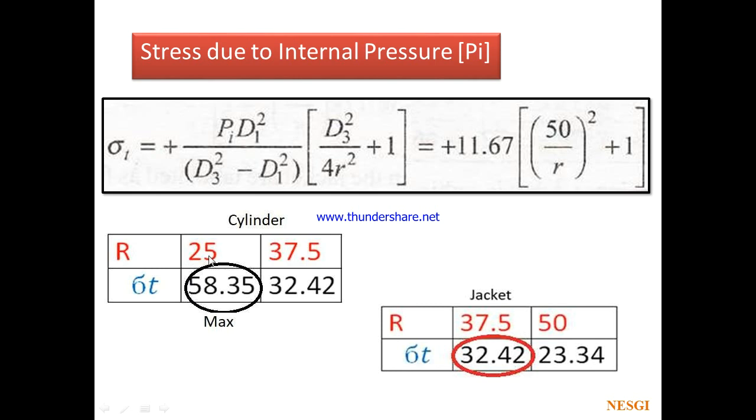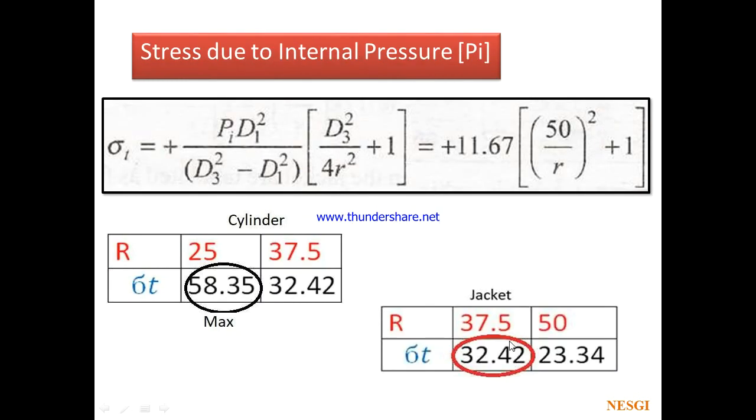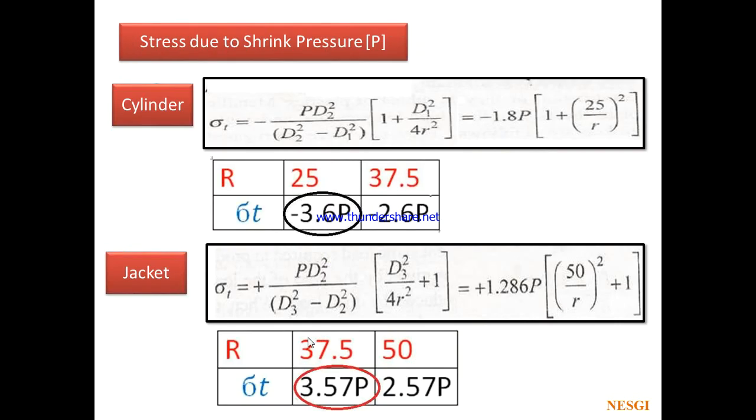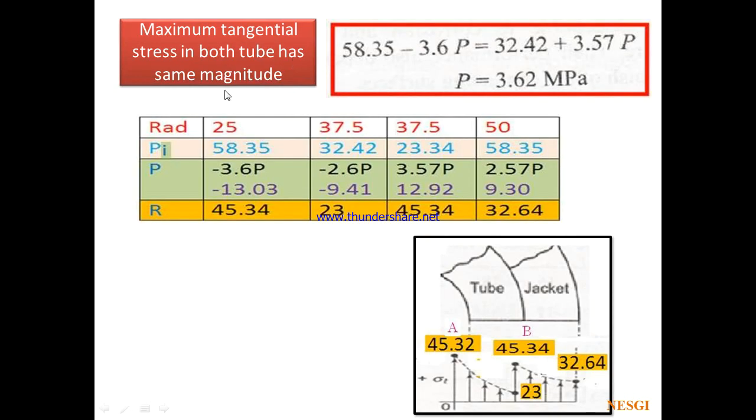For the cylinder it is 58.35 minus 3.6 P, and for the jacket it is 32.42 plus 3.57 P. The maximum tangential stress in both cylinder and jacket is same in magnitude, that is 58.35 minus 3.6 P equal to 32.42 plus 3.57 P. If you simplify this equation, you will get shrinkage pressure equal to 3.62 megapascal.